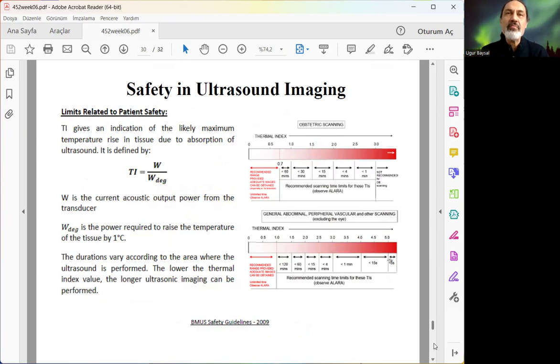Of course, there are some limits of safety of these aspects published by the World Health Organization and similar imaging organizations related to energy radiation.